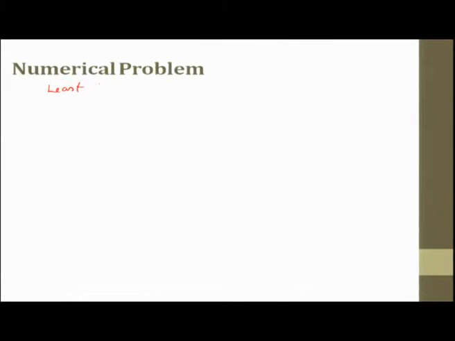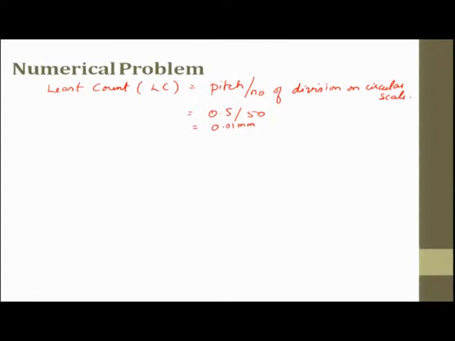Least count, which is LC, is nothing but pitch by number of divisions on the circular scale. So, this is nothing but 0.5 divided by 50, which is 0.01 millimeter.